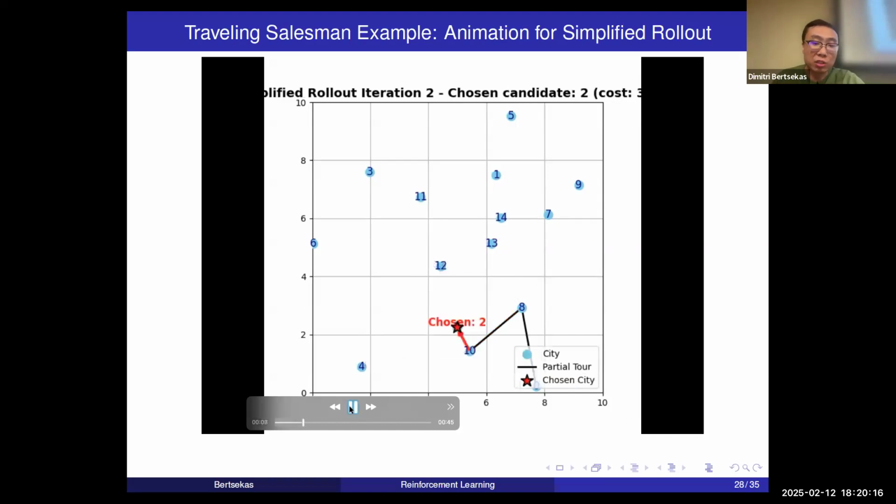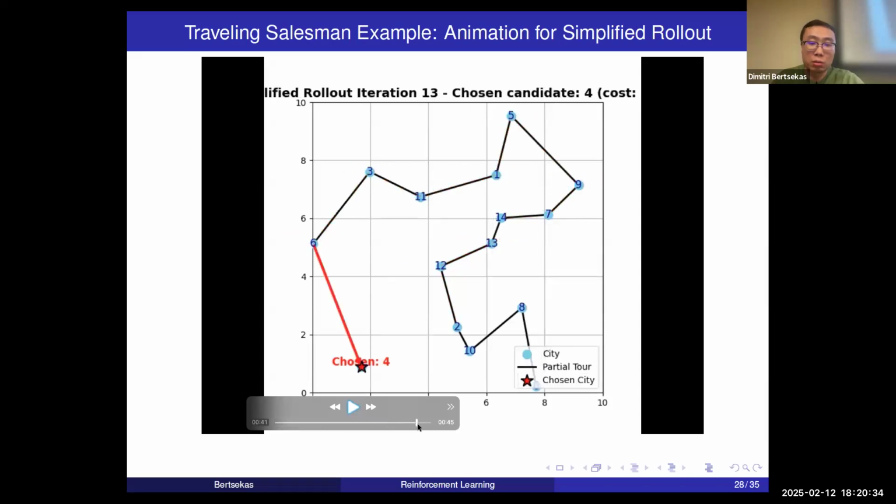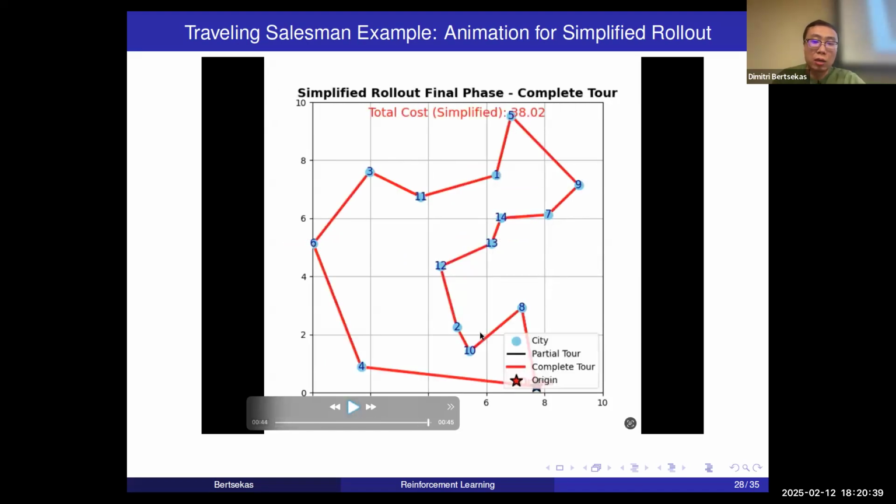So we continue this procedure, and at every step, we look at the top 3 and run the base heuristic and move on and so on. And let me fast forward a little bit. So yeah, it completes the tour in the end.